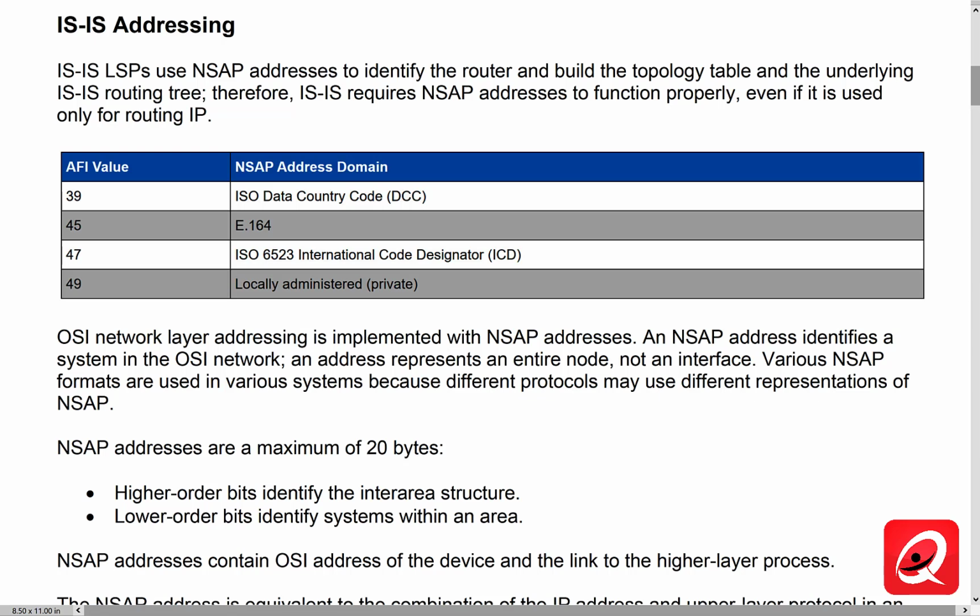I broke this down previously when we were talking about how the address breaks down a little bit earlier, right? But it's basically a combination of the IP address and the upper layer protocols in an IP header. We have a maximum size of 20 bytes. The high order bits identify the inter-area structure. The low order bits identify the unique systems within the area.